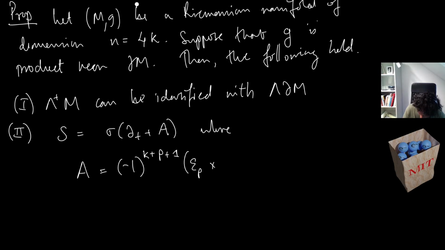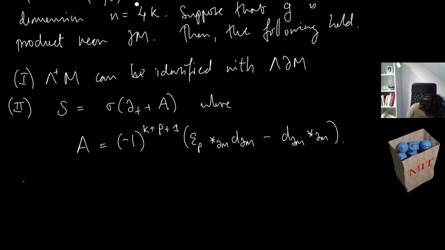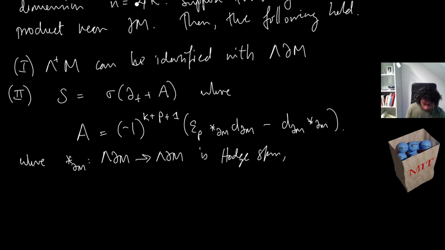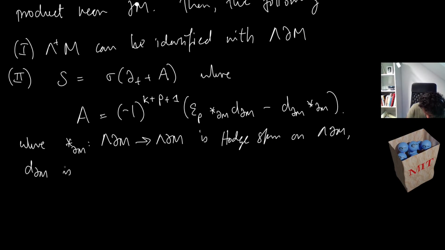Now we have the Hodge star operator on the boundary, the exterior derivative on the boundary, and then again minus the exterior derivative on the boundary, where star dM is the Hodge star on the boundary, dM is the exterior derivative on the boundary.